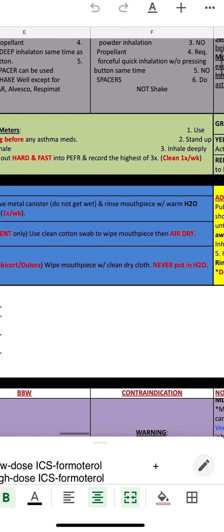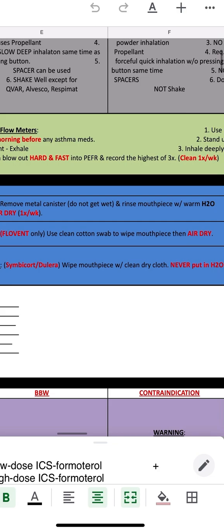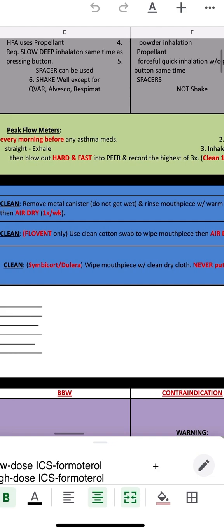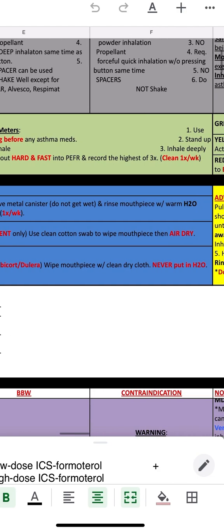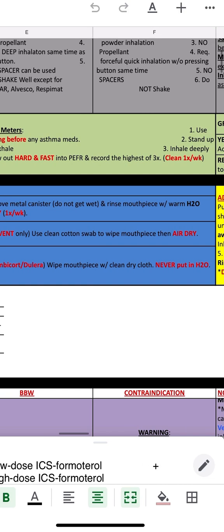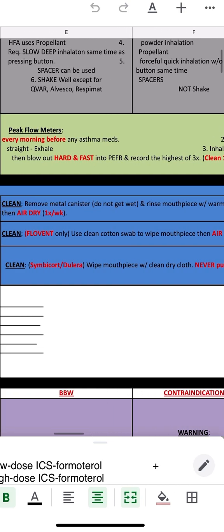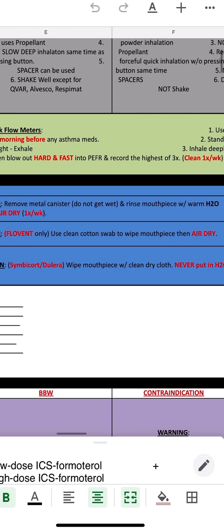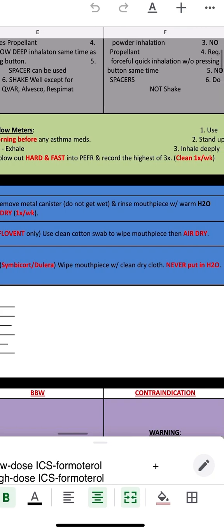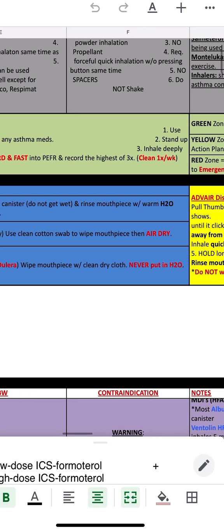Use by standing up straight. Exhale. Then inhale deeply, then blow out hard and fast into the PEFR meter and record the highest of the 3 numbers. Clean once a week.